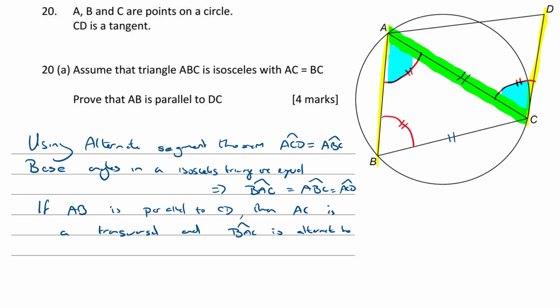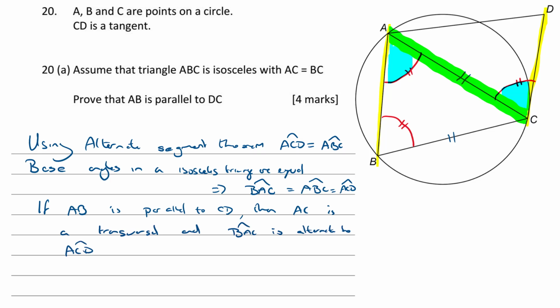What was that? ACD. And therefore BAC should be equal to ACD. Hence AB is parallel to DC. Okay.